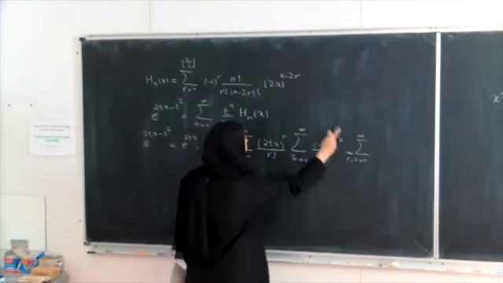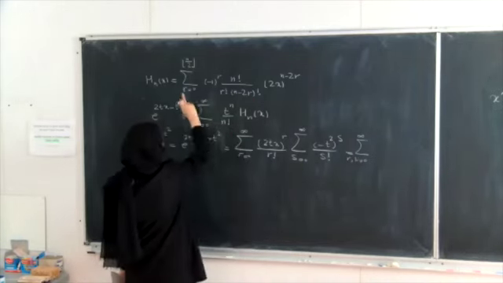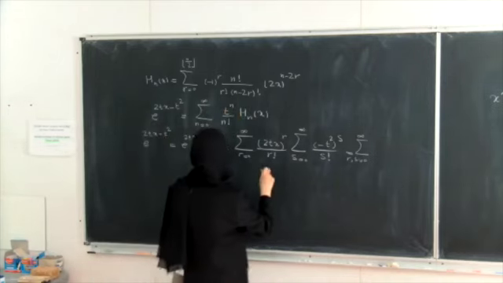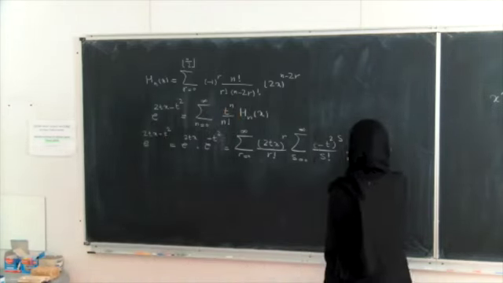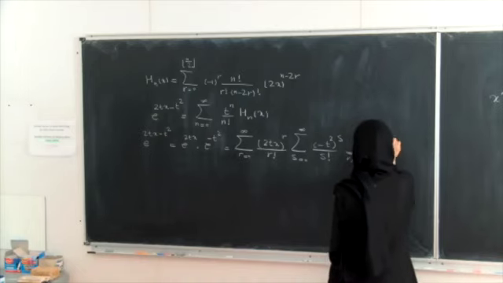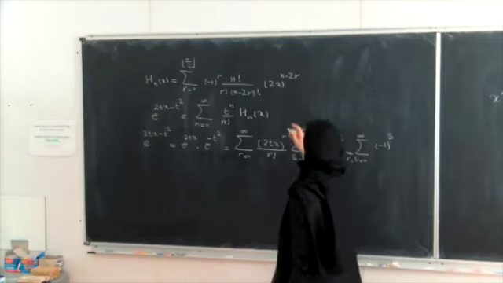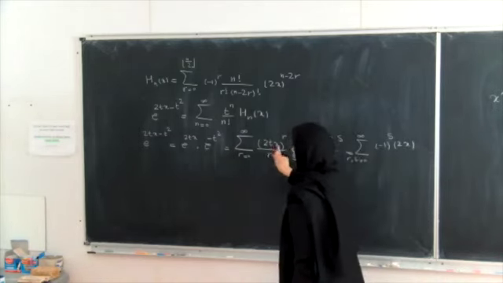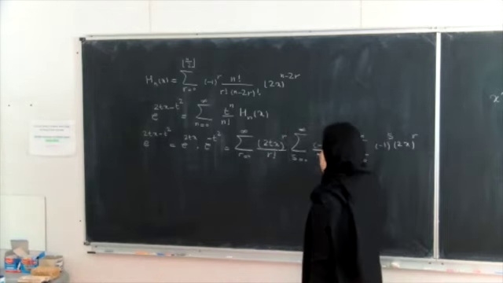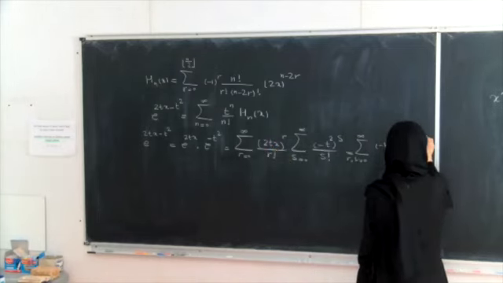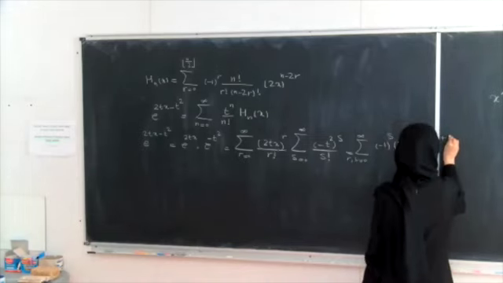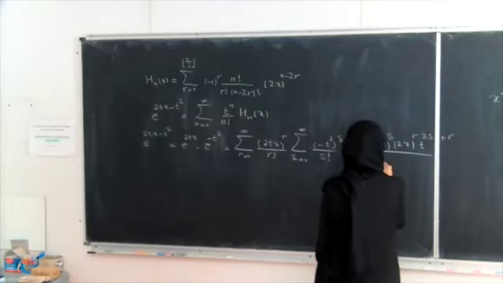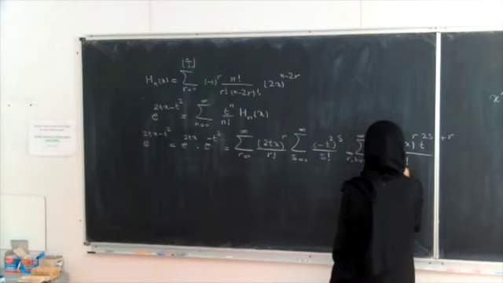This is similar to this series, so we can write minus 1 to the s, 2x to the r, and here we have t to the 2s times t to the r, so we have t to the 2s plus r, divided by r factorial s factorial.